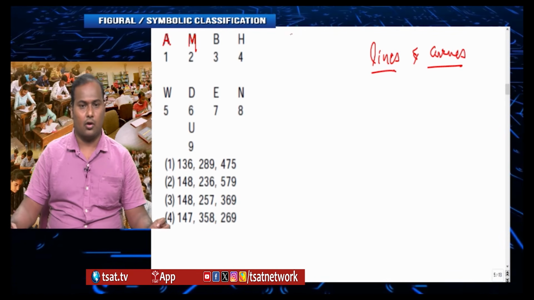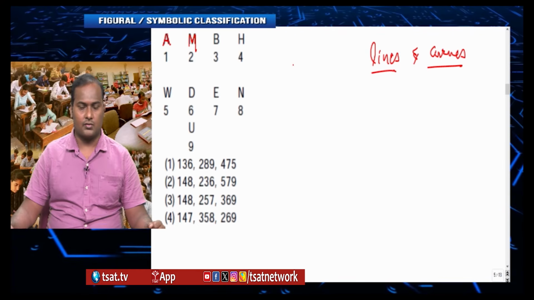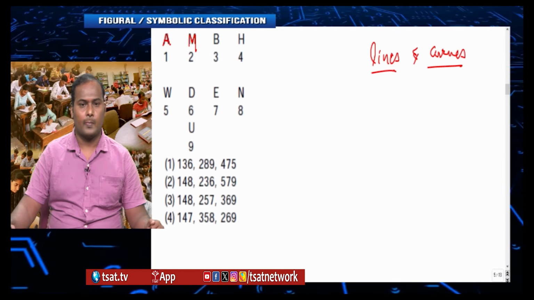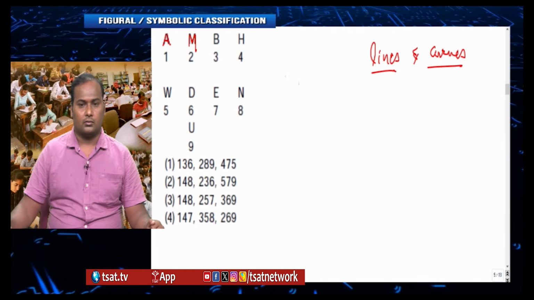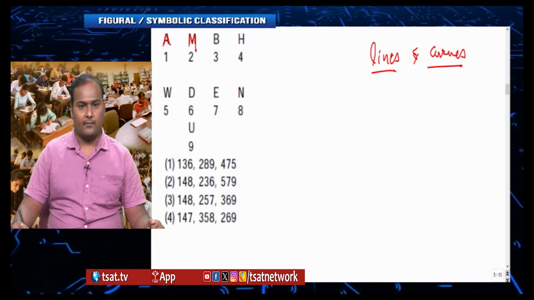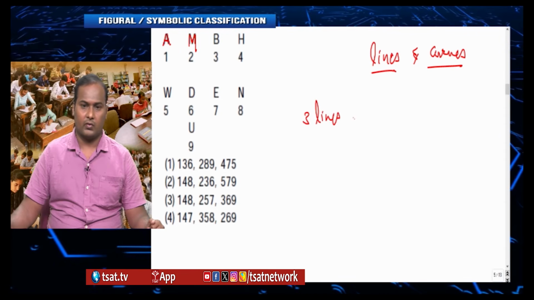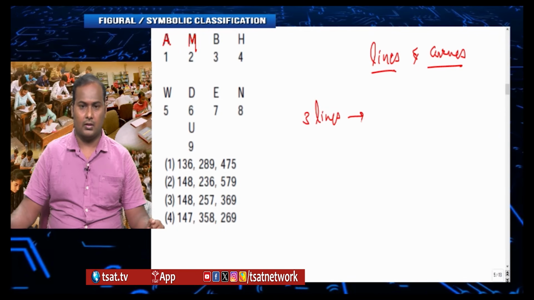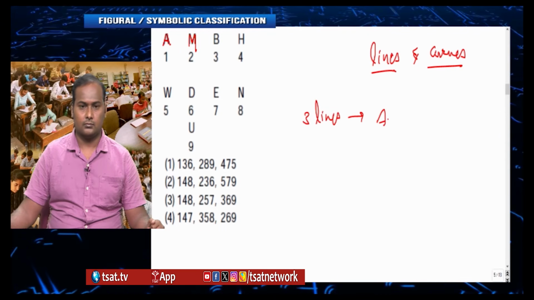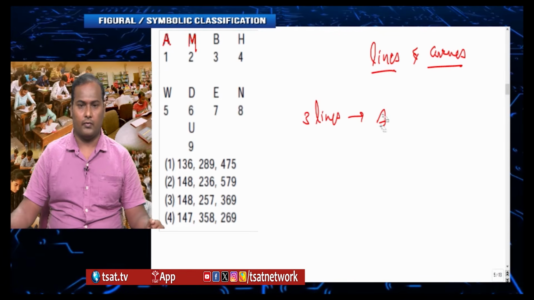So let's check how many lines and how many curves there are. A is formed with 3 lines, that is figure 1.